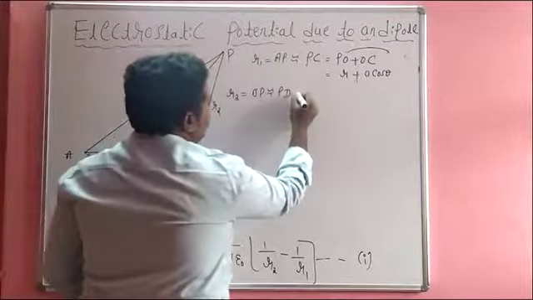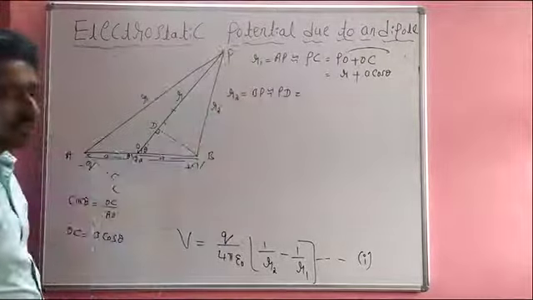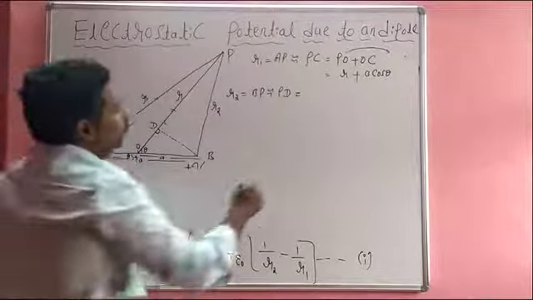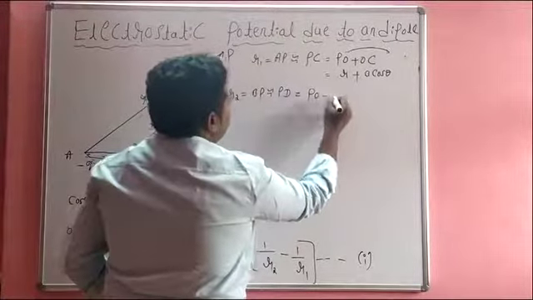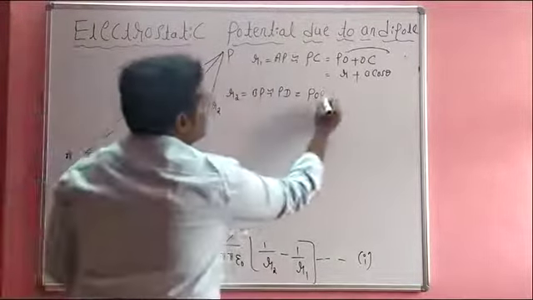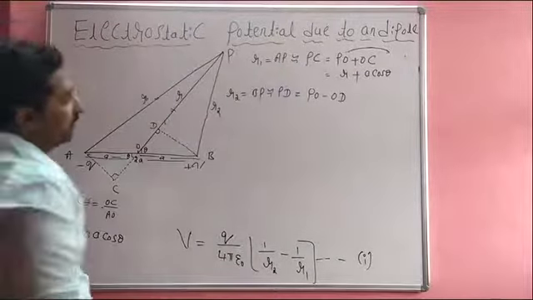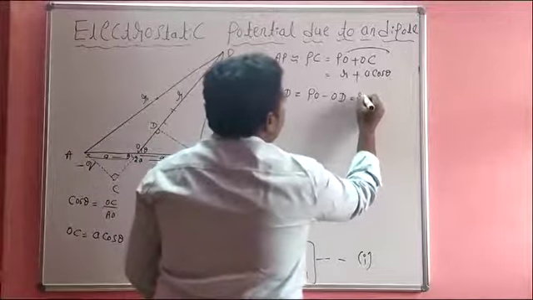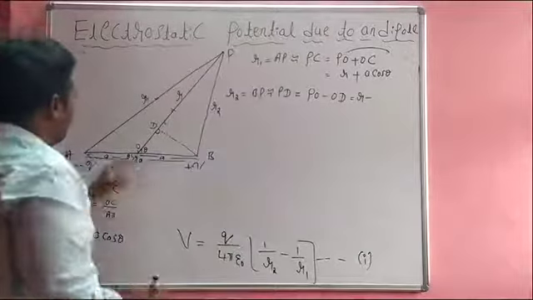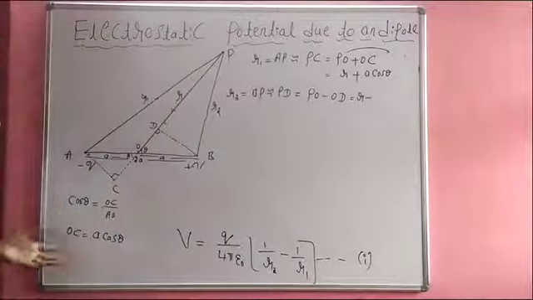So how can we write PD? PD is PO minus OD. The PO value is known, that is R, minus OD. You have to find OD by using the same method.